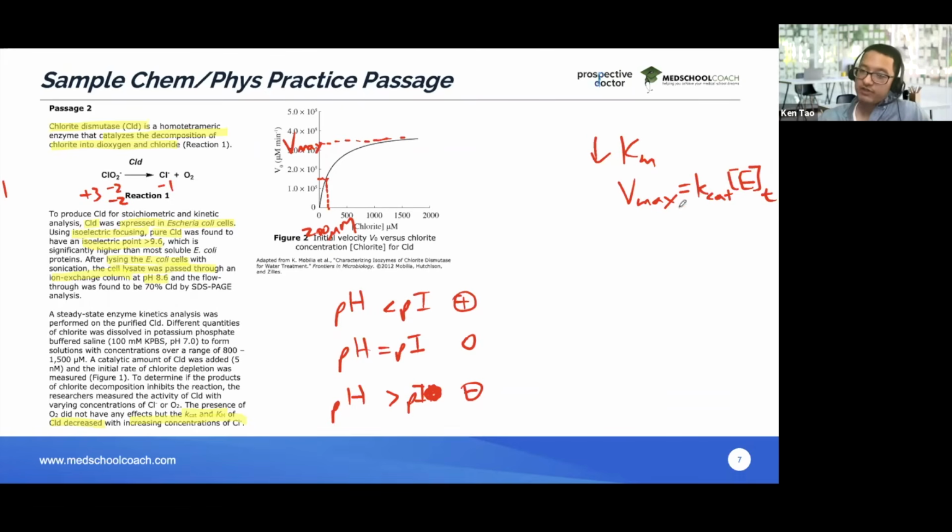So Kcat is the turnover number of an individual enzyme. If you want to know what your maximum reaction velocity is, that depends on two things. Number 1, how fast is your enzyme? And number 2, how many enzymes do you have, right? Because if you look at the original equation written, if you solve for Vmax, you have Vmax equals Kcat over enzyme concentration.